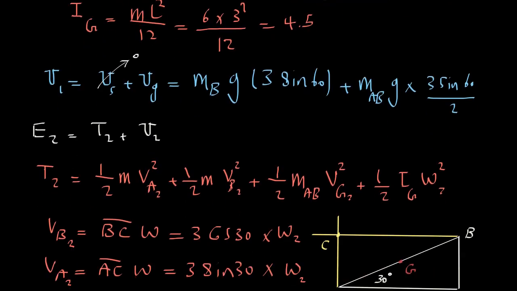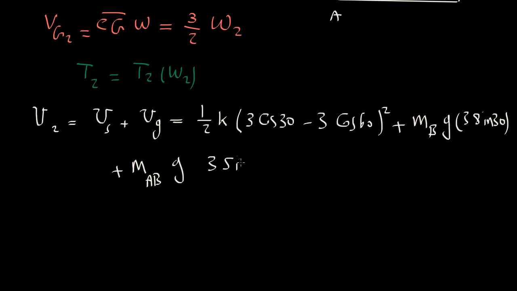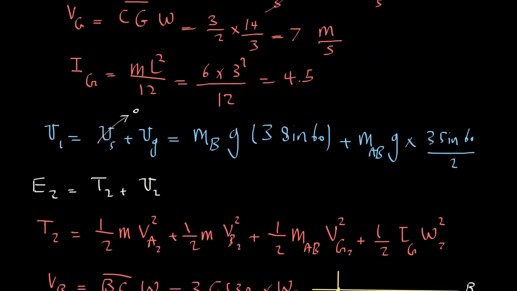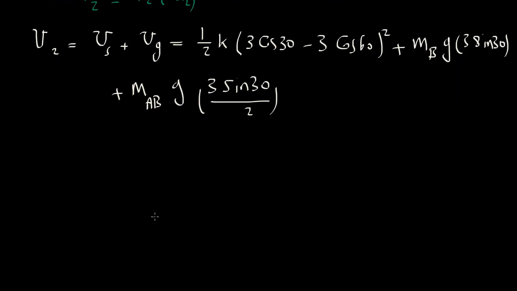So basically this would be BG 3 sine 30 plus AB G 3 sine 30 over 2, similar to what we had for state 1. Just over there it was 60 degrees, here it's 30 degrees.